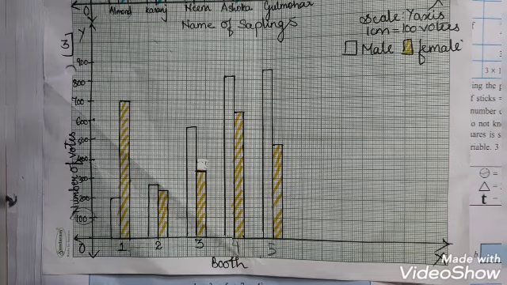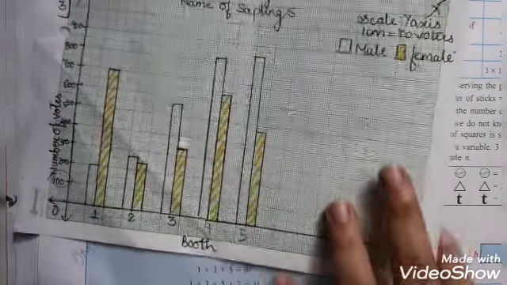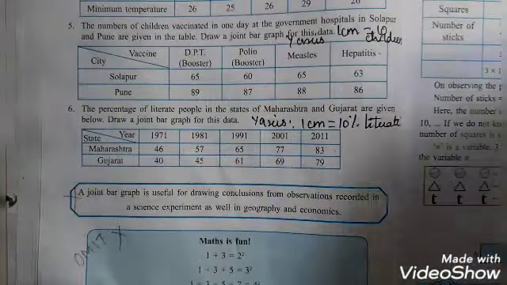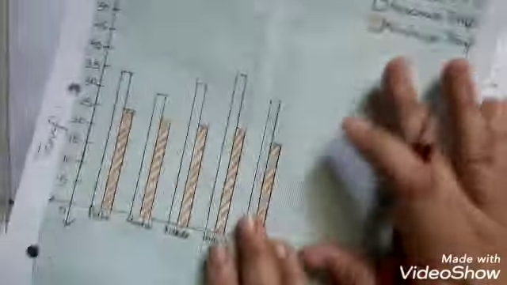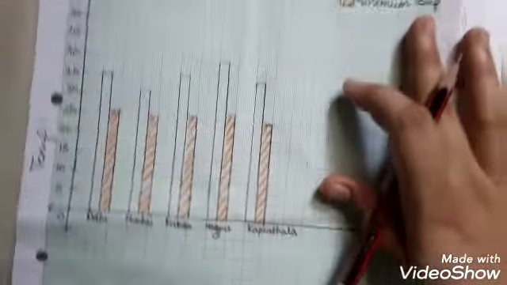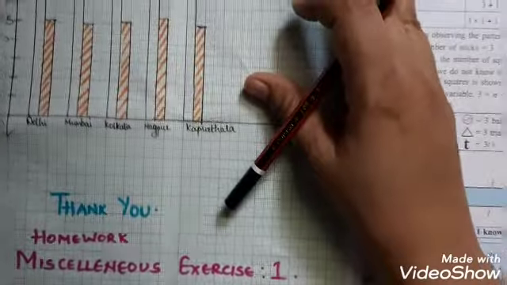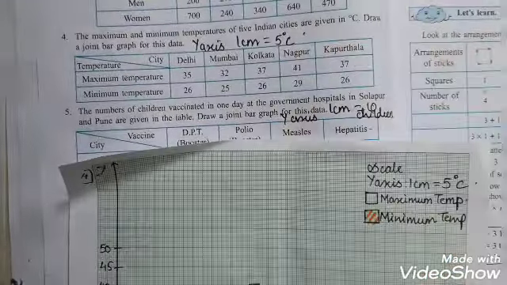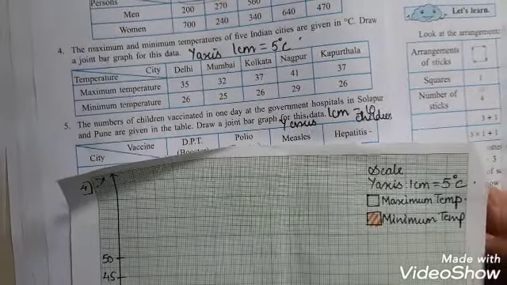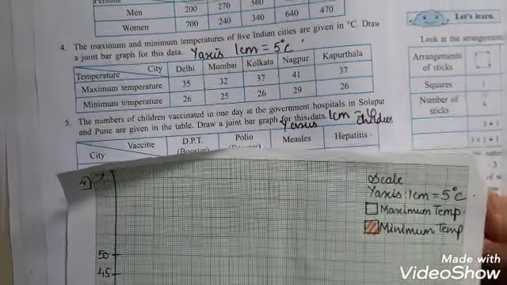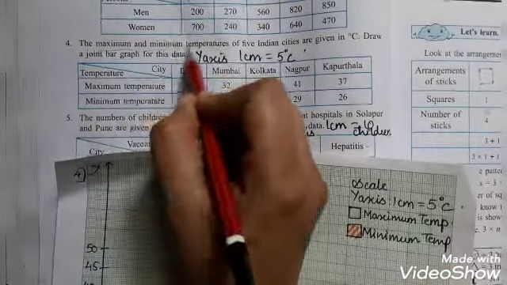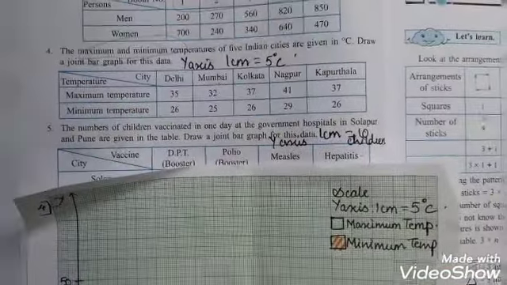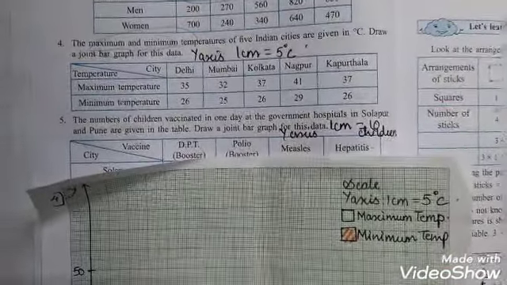Now next, the fourth one. Fourth is what? Let's see. The maximum temperature and the minimum temperature are given. So that means the maximum and the minimum temperature is given to us. So that is a number, right?